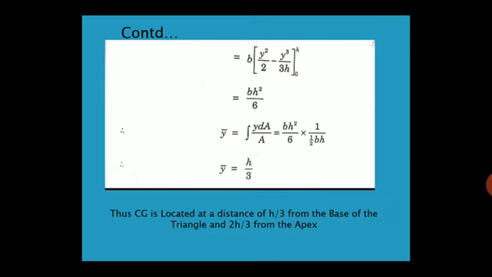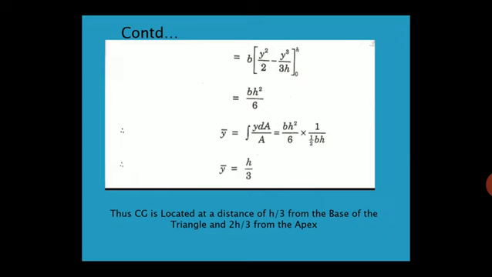Therefore, the centroid of the triangle, you can write it as CG is equal to x bar comma y bar. X bar, similarly when you derive, you will get the answer b by 3, and for y bar you will get the answer h by 3. In the next class I will give you the other triangles or the formula list, need not worry.